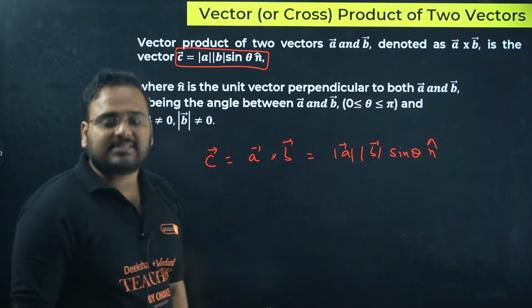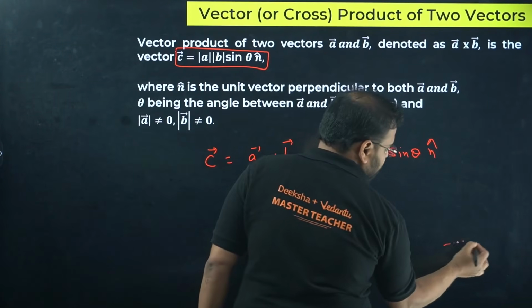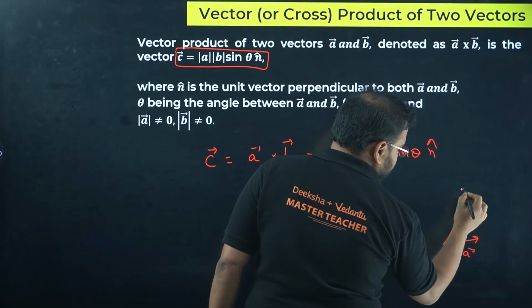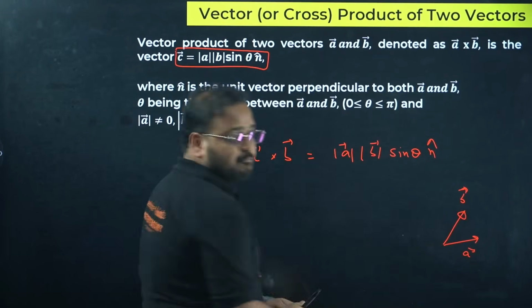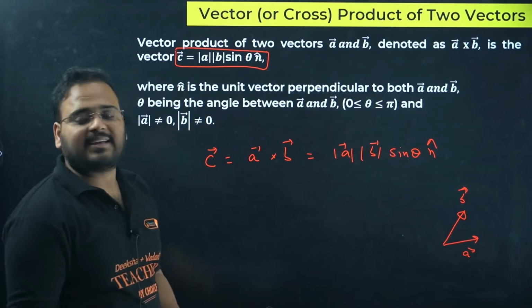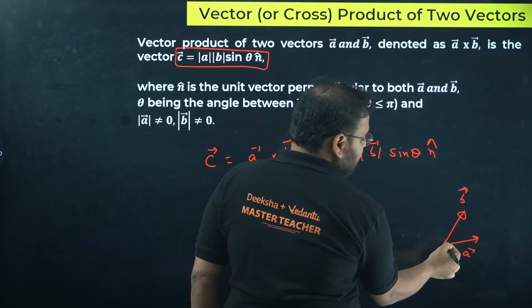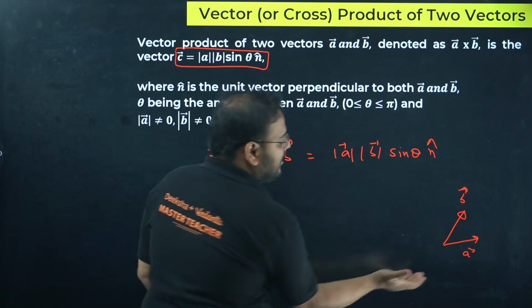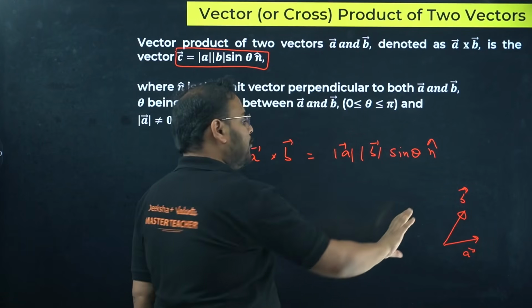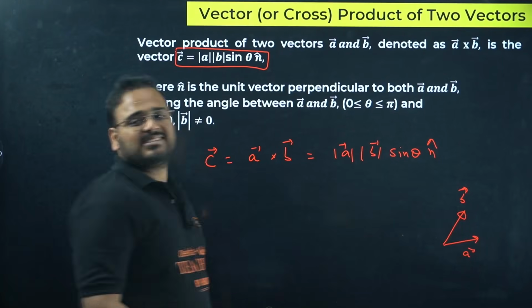What does n cap mean? It means that if this is my vector A, this is my vector B, then n cap represents the vector coming out of the plane. N cap will be the vector coming out of the plane like this, or inside the plane like this. Check here, A cross B. A cross B is, the thumb is pointing outwards. If I go B cross A, I'll go inside the screen.